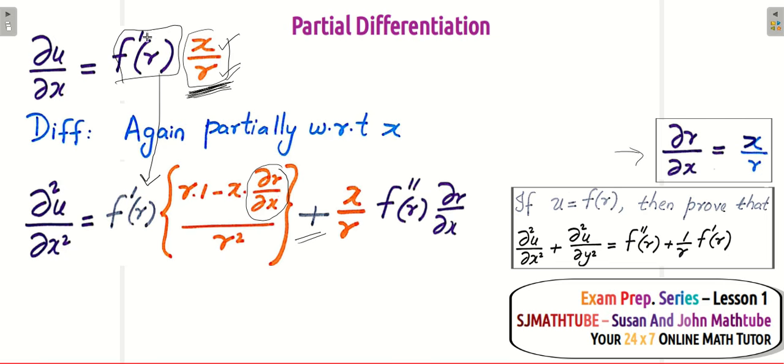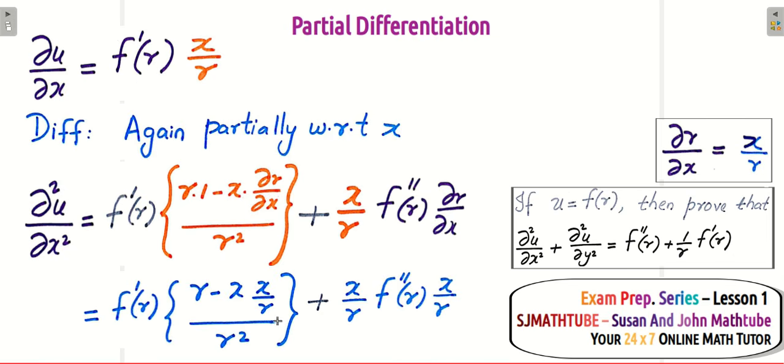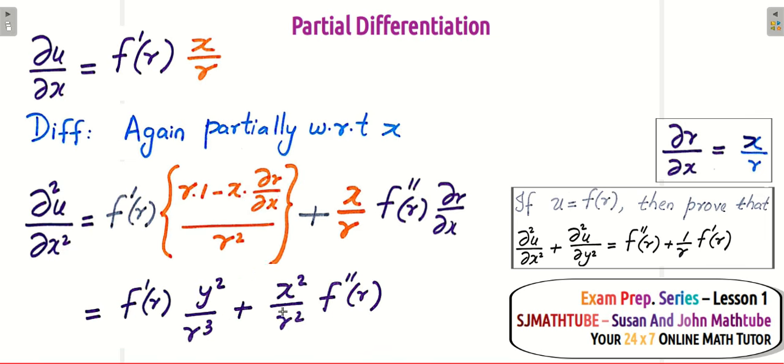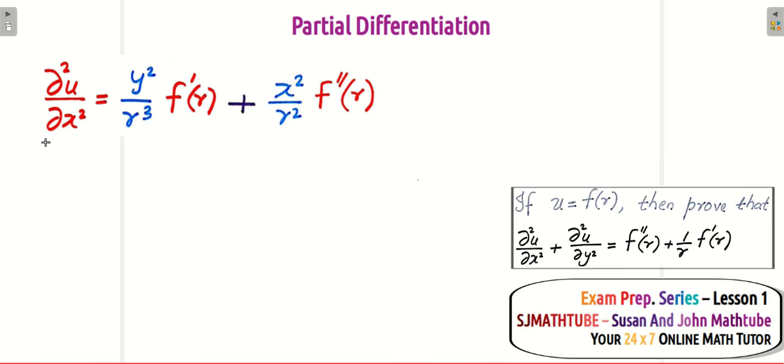So that will be f double dash r and the derivative of the dependent variable. Now it's almost done. Let's substitute, take LCM, simplify a little bit, and always remember r square equal to x square plus y square. And that's it. We have the second order partial derivative with respect to x.